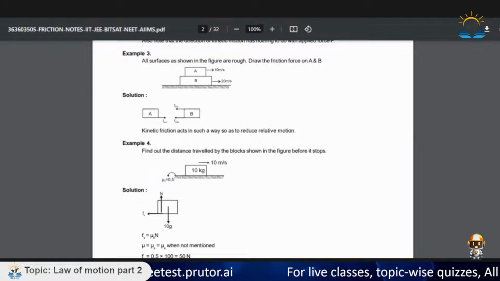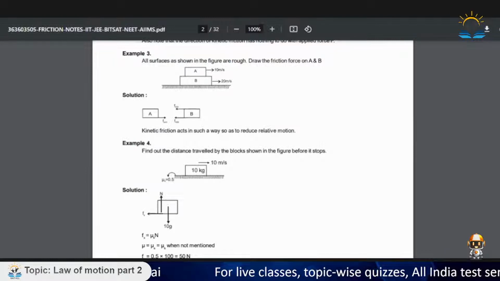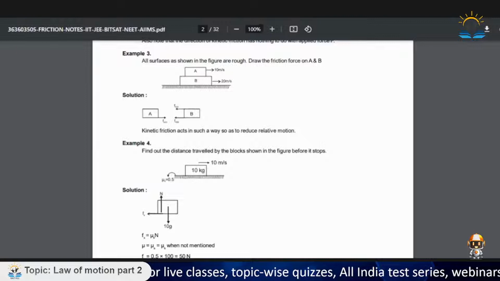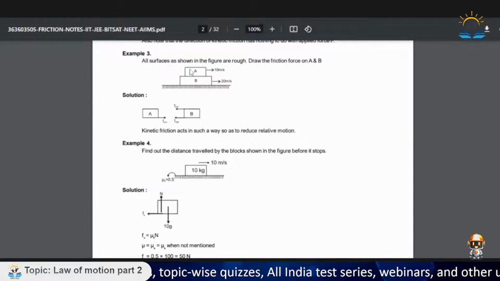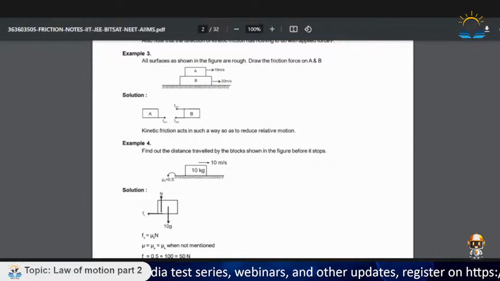Now considering A, it has only one contact surface. For A, the relative motion is to the left, because the relative velocity is 10 minus 20, that is with respect to B. So for A, the friction would be opposite to the relative velocity, so friction would be acting to the right. Okay.